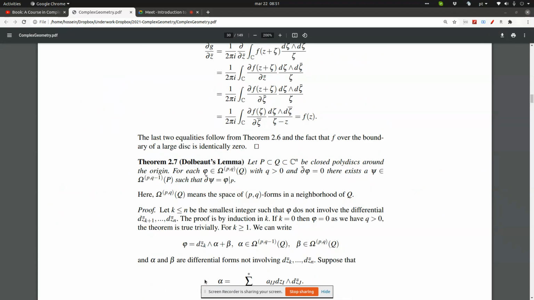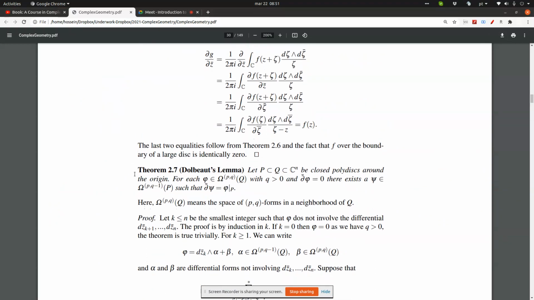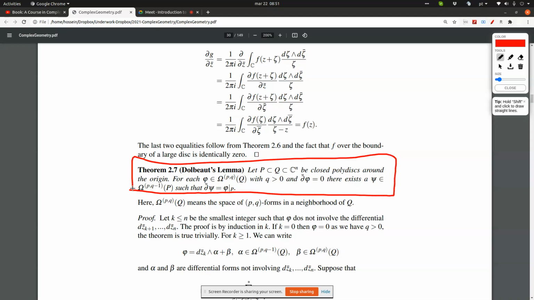So here we are ready to introduce our main theorem. Dolbeault's lemma, actually a version before the final version. If we have two closed polydiscs, and we have a (p,q) form, it means that it has dz and dz bar, phi in a neighborhood of the big polydisc, and q bigger than 0.